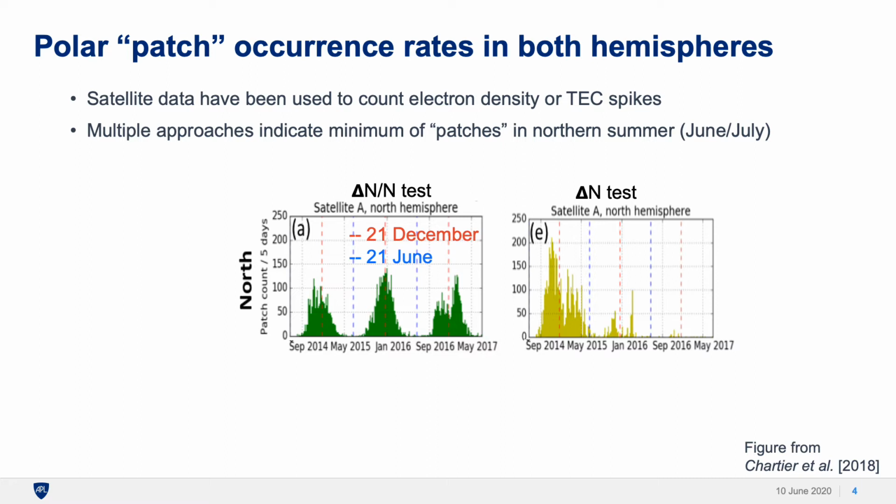So what we see here is that both of these approaches have a minimum around the June solstice, and the delta n test also has a solar cycle variability where the ionization level has decreased between 2014 and 2017, and that causes the counts to tail off there.